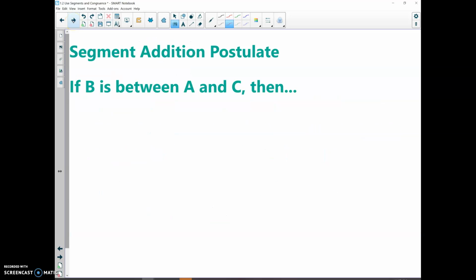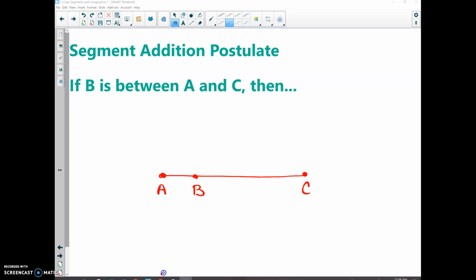Alright, segment addition postulate. Please write this down. Visually here, if B is between A and C, between, it would mean that it is on the line segment AC. And this postulate means exactly what it sounds like, segment addition. If B is between A and C, then AB plus BC equals AC.